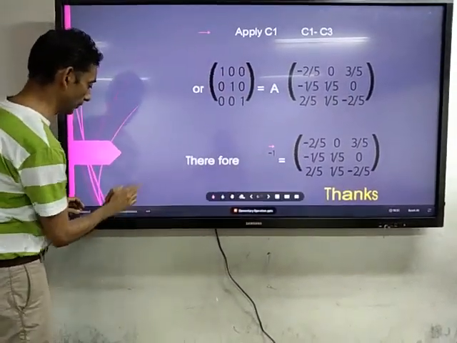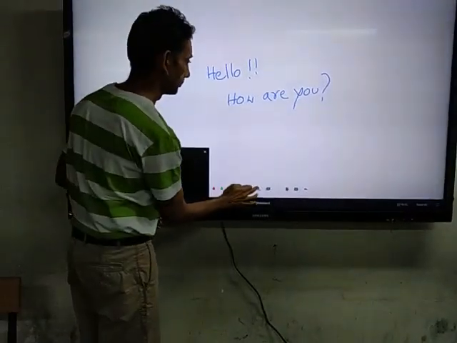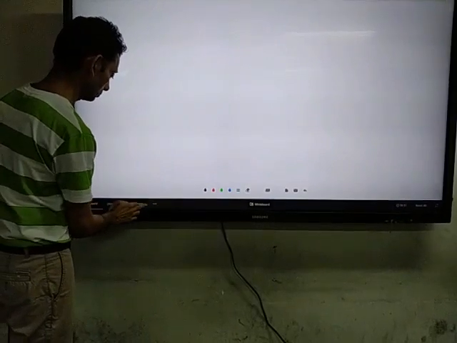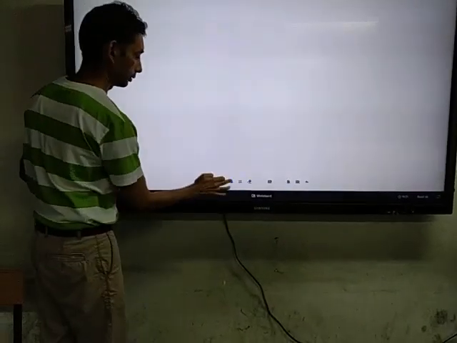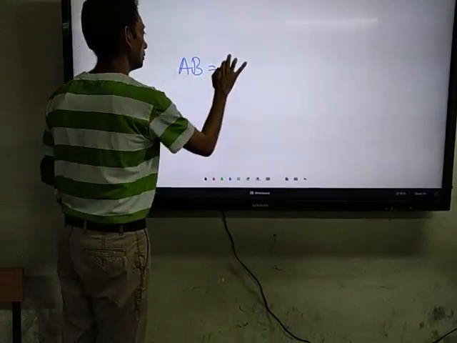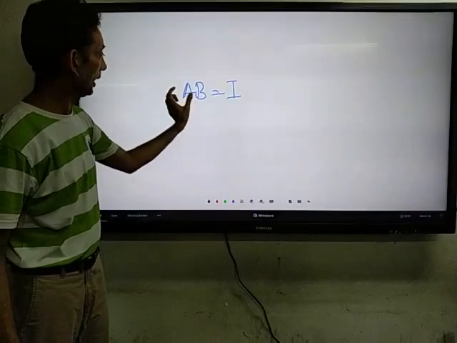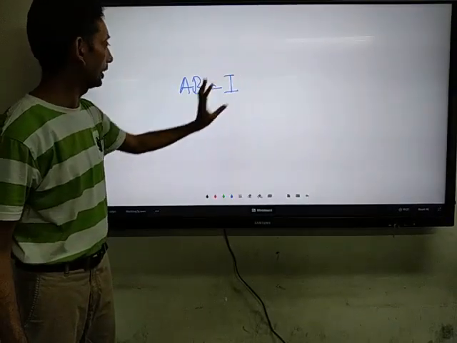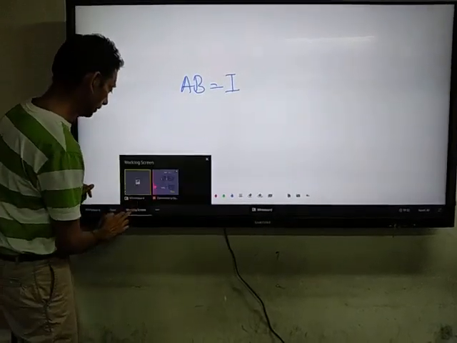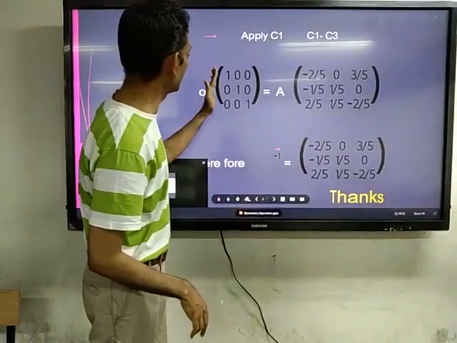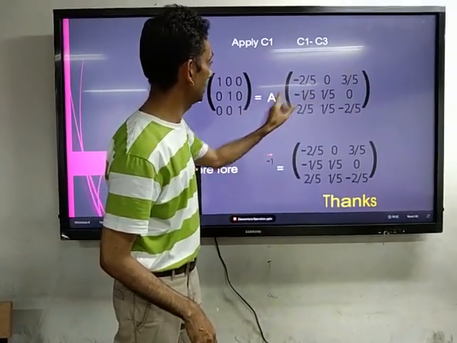We know with the help of the definition, that if there is a matrix A and there exists another matrix B, and if AB is equal to I, then this B is said to be the inverse of A. So you can see that here the left hand side is an identity matrix, and on the right hand side this is A and this is another matrix.